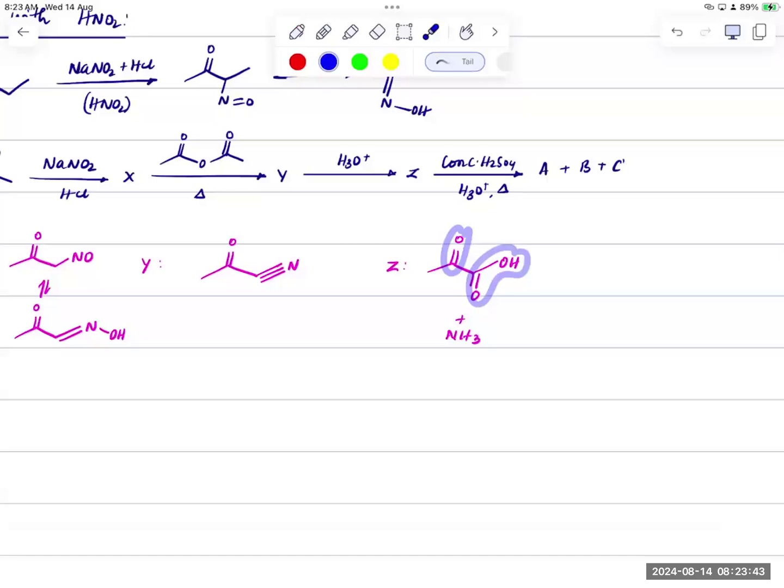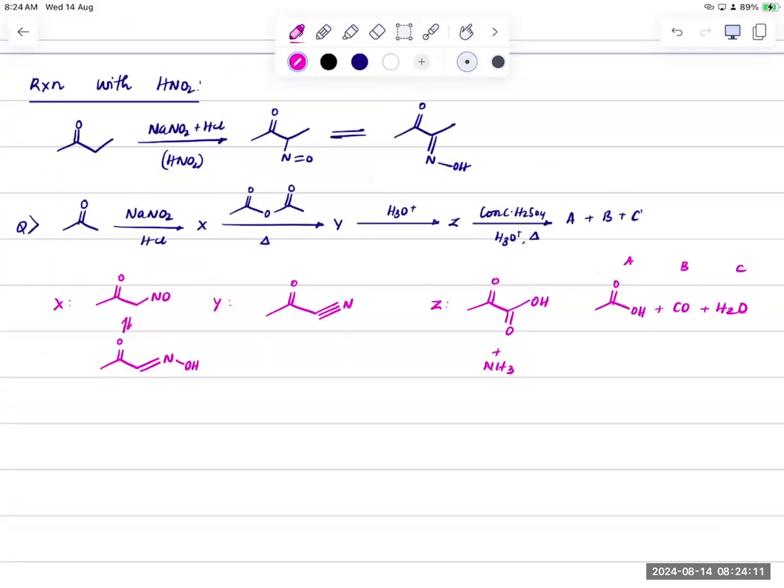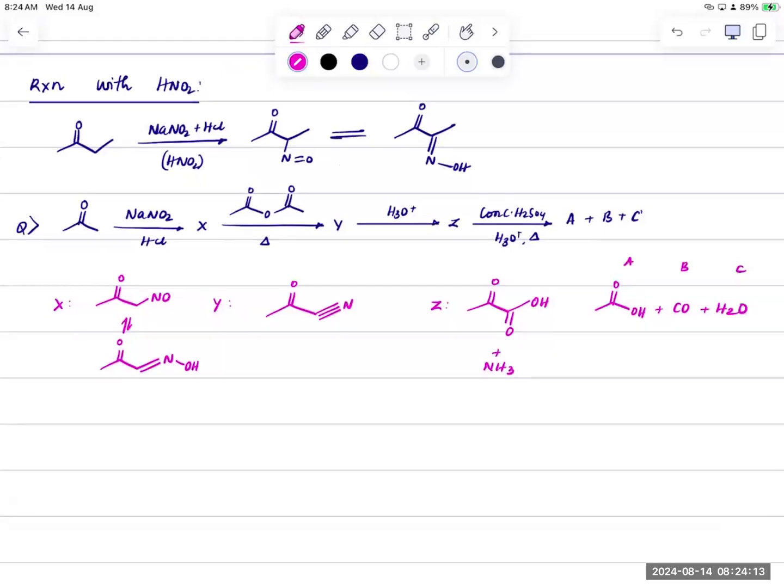And if you recall, when we heat that in the presence of H2SO4, the other day I gave you that, we will get acid on this position, and the central carbon will come out as CO, and the other one will be H2O. So these are those three products: A, B, and C. I guess this part is clear, everyone.